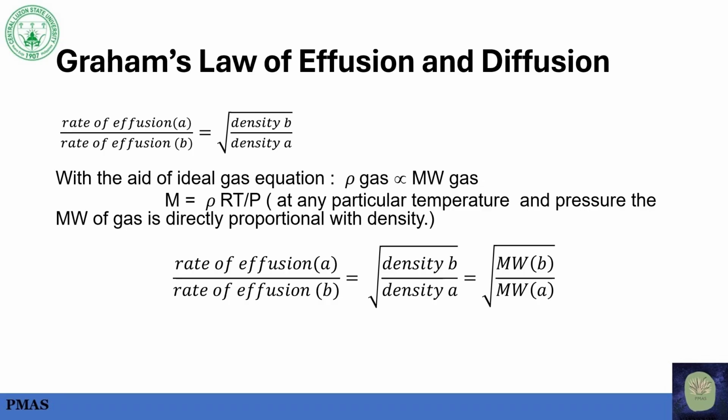So now we can extend the equation: the rate of effusion of A over B is also equal to the square root of the molecular weight of B over the molecular weight of gas A.